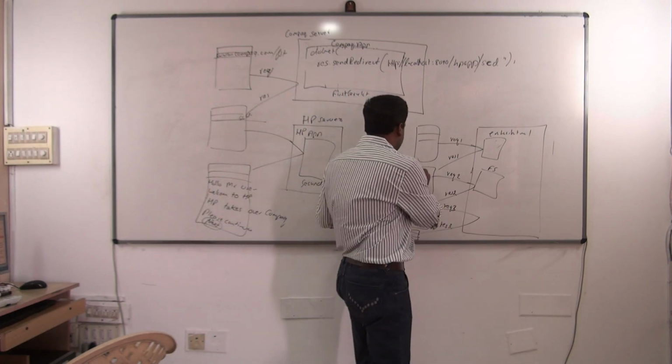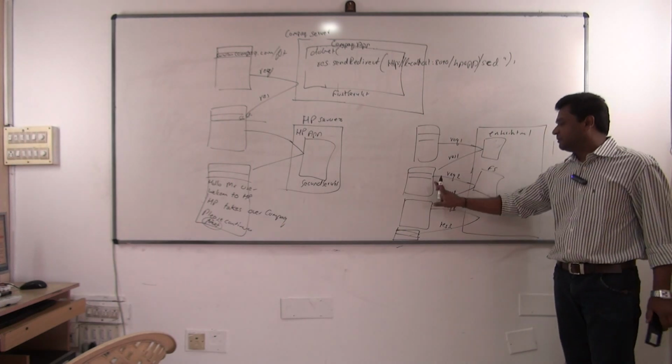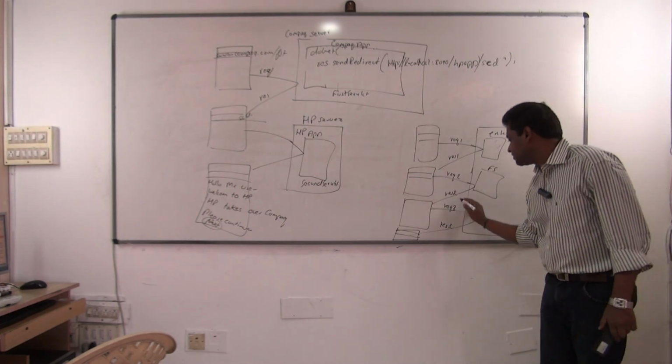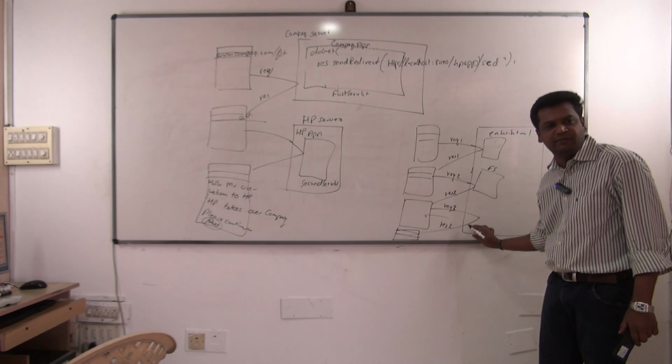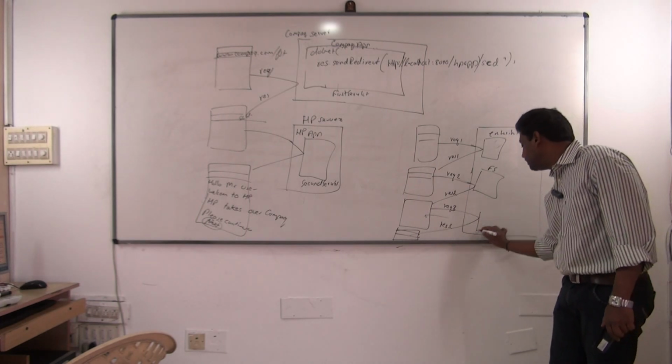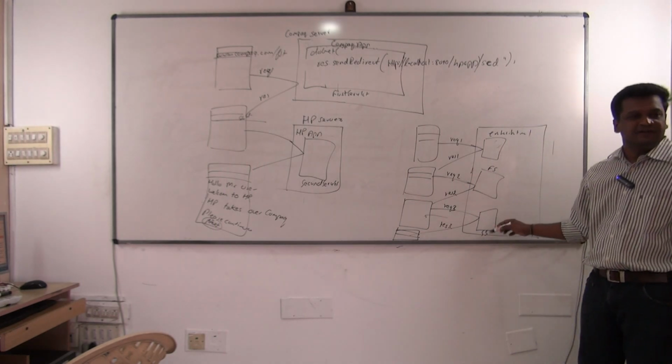Clear? But the second request the user will not make. You will make the request and submit. This request will enter the value and the response is given. This request will not be made by you. Automatically it will be generated and it will execute the second servlet.